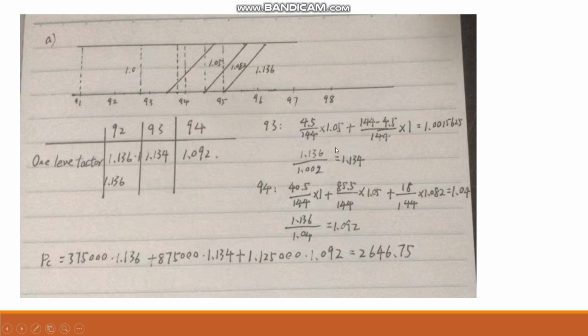So we can get the average rate of 1993, which we just calculated as 1.002, and then we divide 1.136 by this average rate, and we get the on-level factor of 1993, which is 1.134.